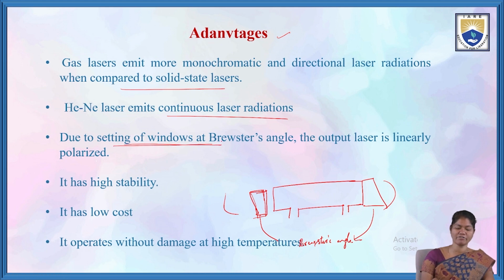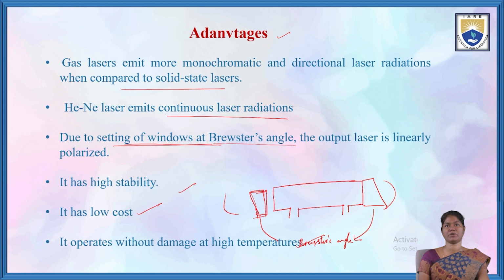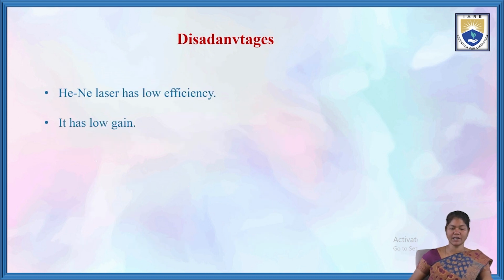Because of setting of the windows at the ends at the Brewster angle, the output laser is linearly polarized. And the helium neon laser has high stability, it has low cost, and it operates without damage at high temperatures. These are the advantages of the helium neon laser.